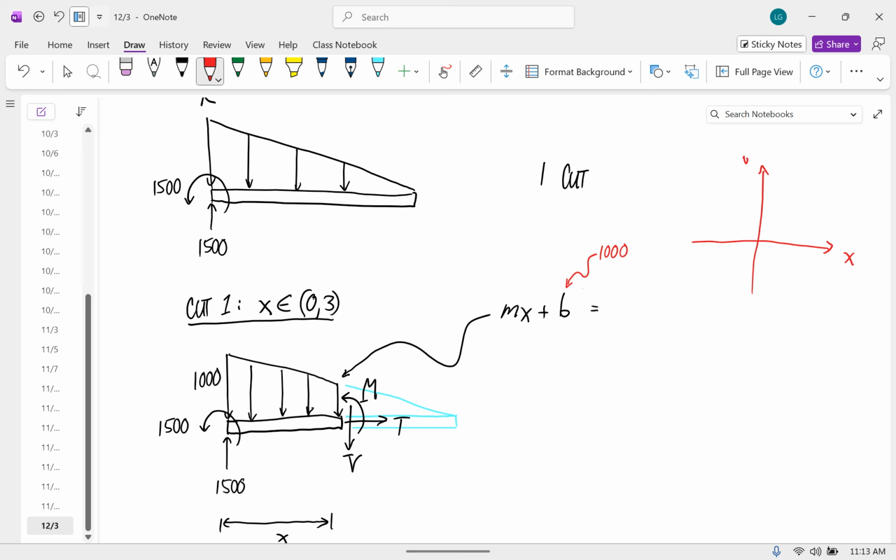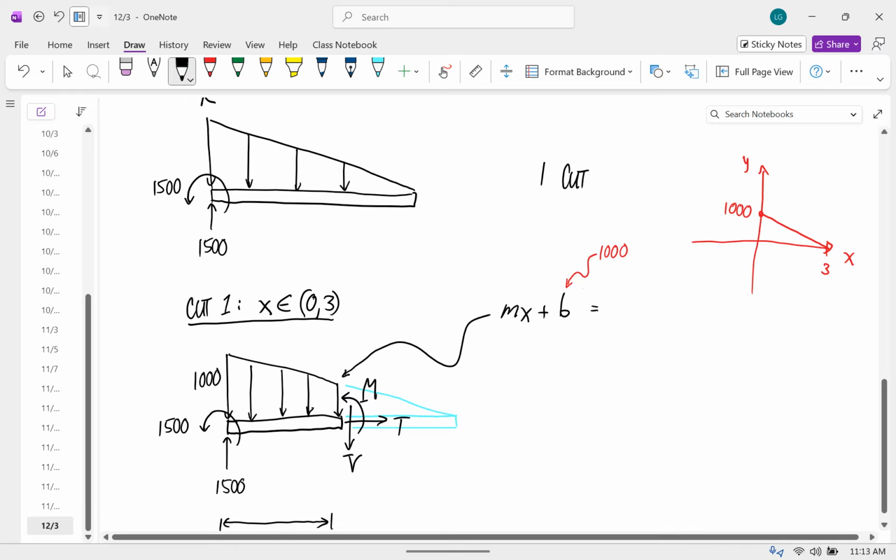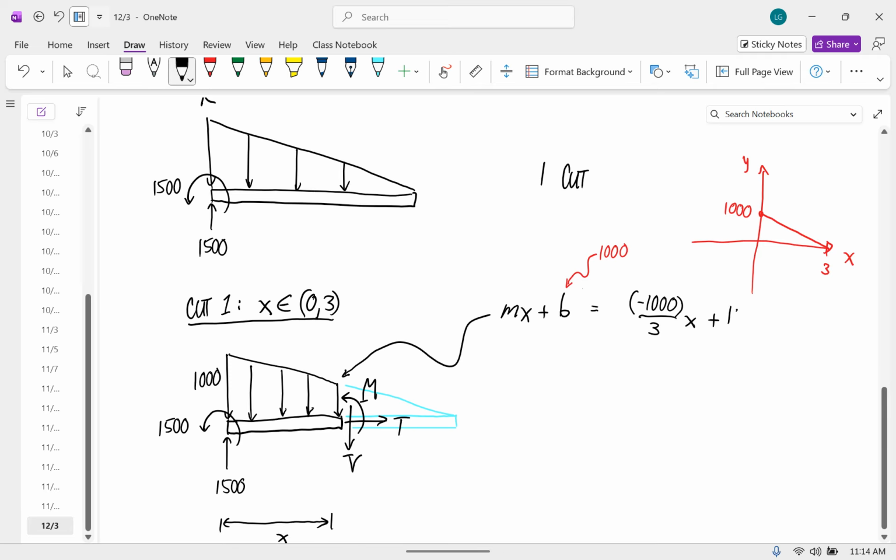So here's our line. We're trying to come up with an equation for this. That's 1,000. That's 3. So the y-intercept is 1,000. And the rise over run, well, its rise is negative 1,000 over a run of 3. Y-intercept is 1,000.